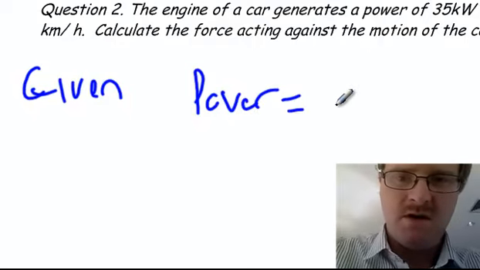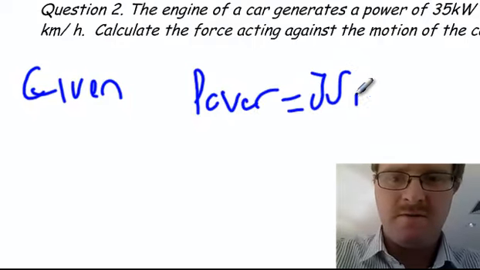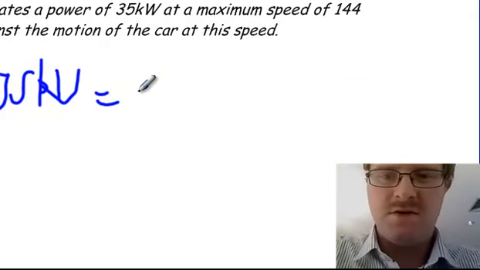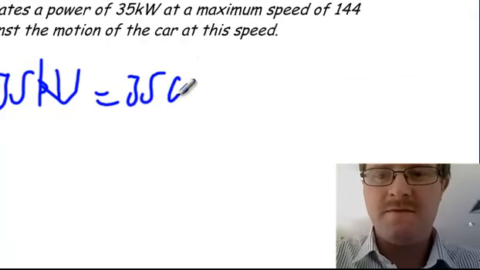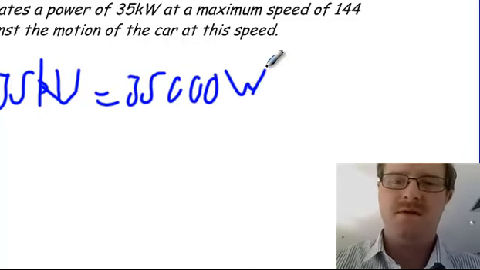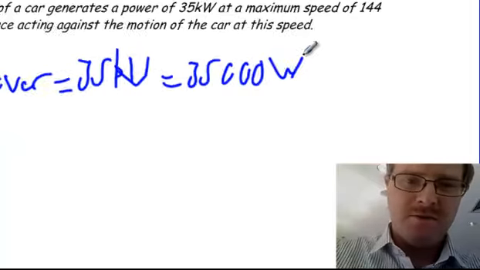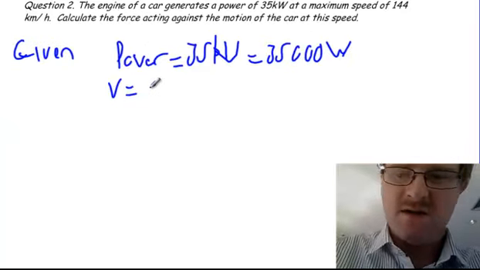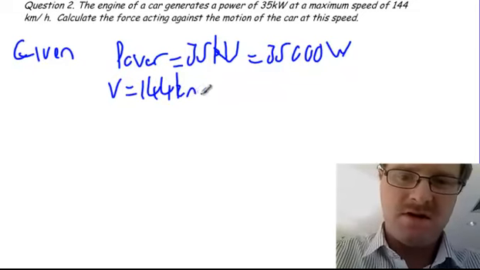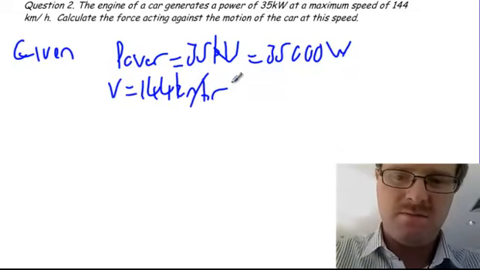Power equals 35 kilowatts, which is obviously equal to 35,000 watts. We've also been given the velocity. Velocity equals 144 kilometers per hour.